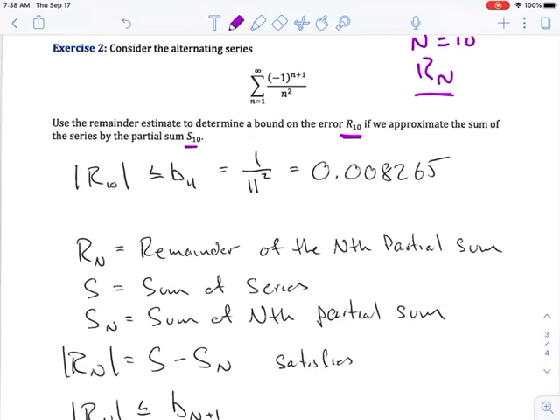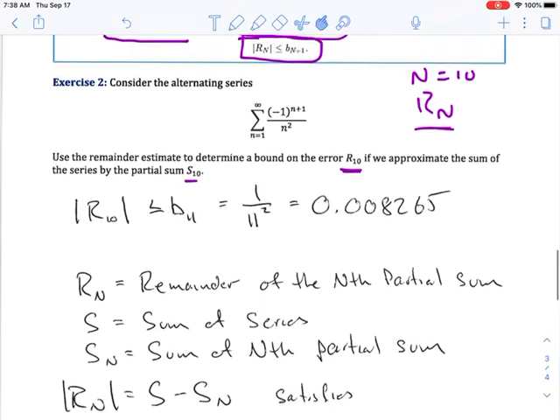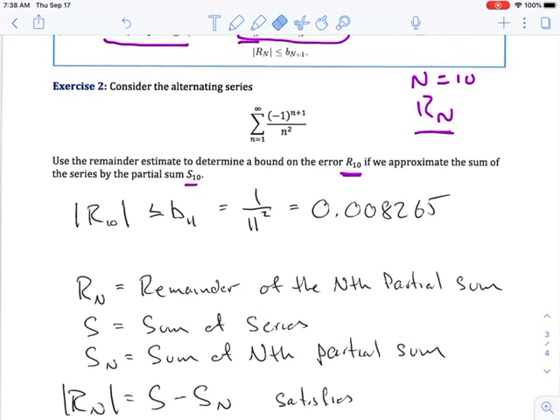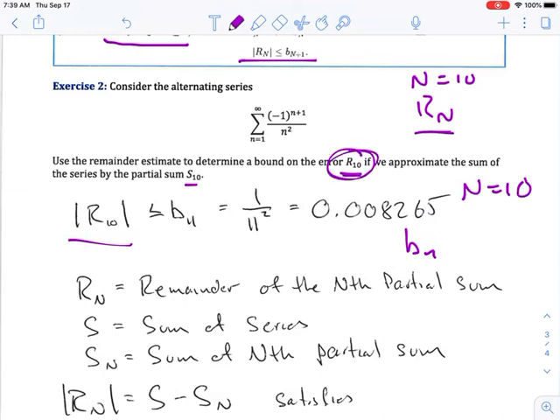All right, so what this is saying is that the remainder of the 10th partial sum has to be less than or equal to b sub n evaluated at capital N plus 1. Well, N in this case is 10, because that's r sub n. So N is equal to 10.